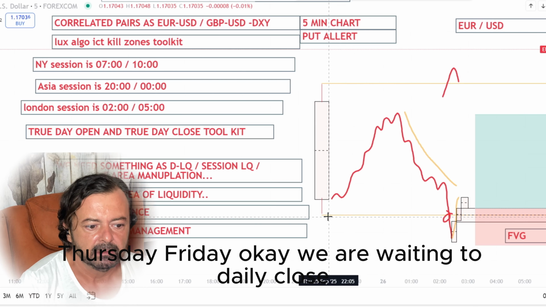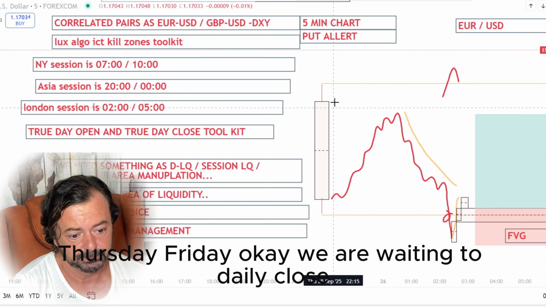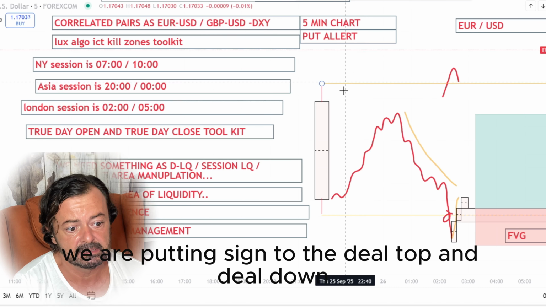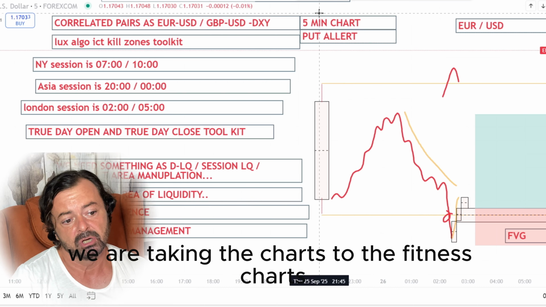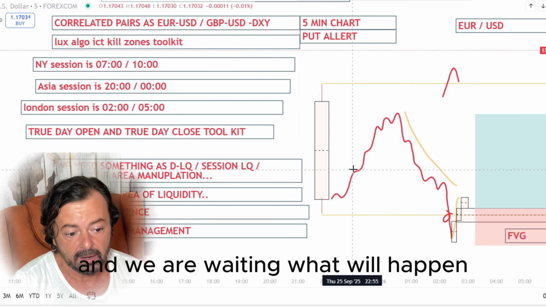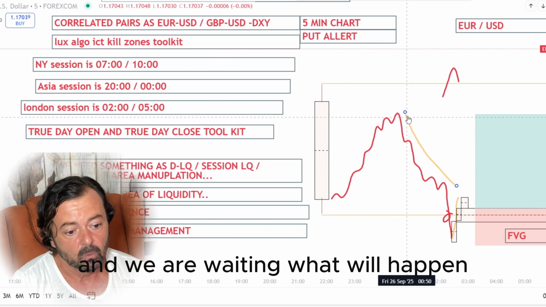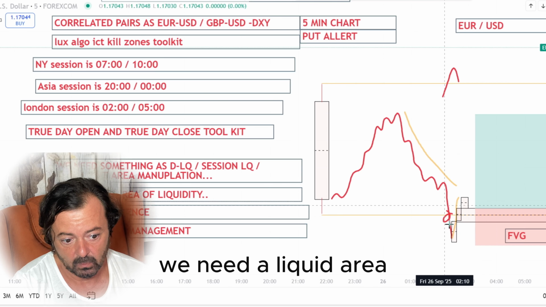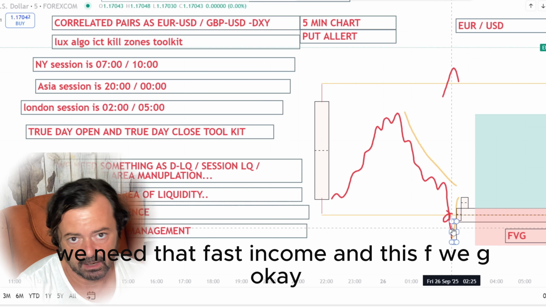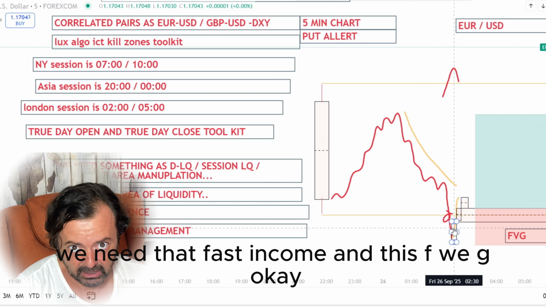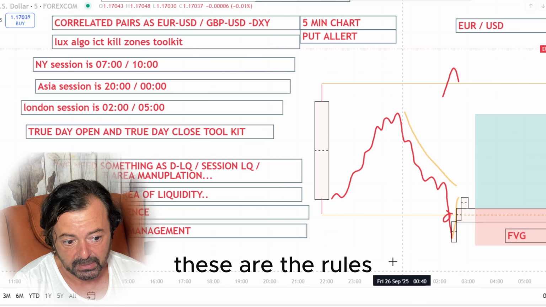We are waiting for the daily close, and after that we mark the daily top and daily low. We take the chart to the 5 minutes chart and wait to see what will happen. We need a liquidity area, a daily manipulation, a fast return, and an FVG. These are the rules.